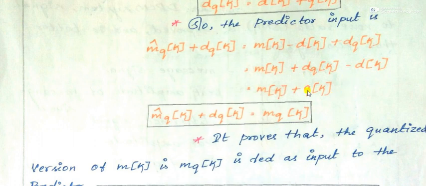Now m of k plus q of k we can write as mq of k, because after every quantization the quantization noise will be added: mq of k is equal to m of k plus q of k. Now we can prove that the quantized version of m of k is mq of k. It is fed as an input to the predictor.